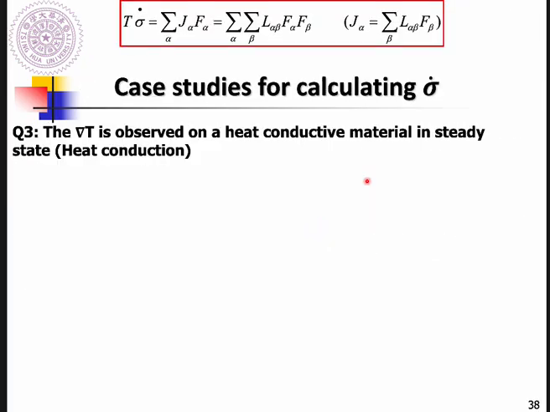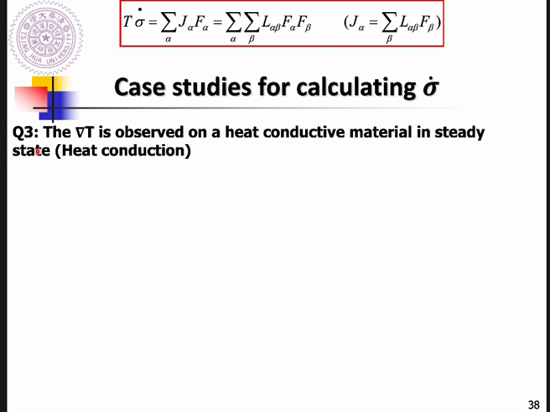Question 3 tells you how to calculate sigma dot, which is the entropy production rate per volume, or the rate of entropy production per volume. What we have here is question 3: a temperature gradient is observed on a heat-conductive material in steady state. This means we have a heat conductor material with a temperature gradient acting on it, in steady state.